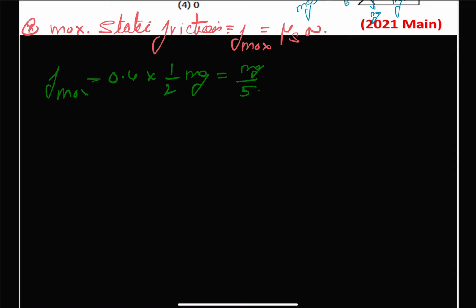And let's find out our equilibrium conditions.